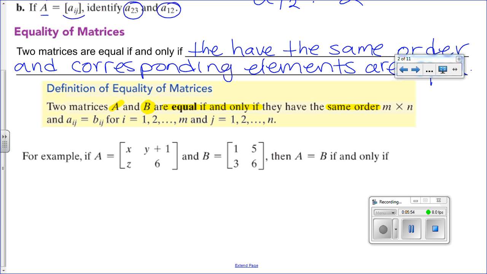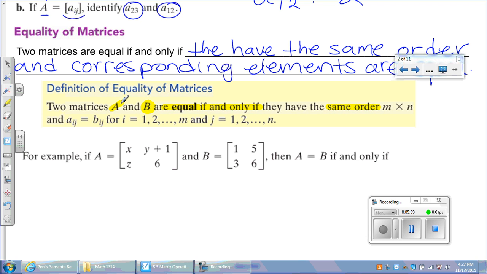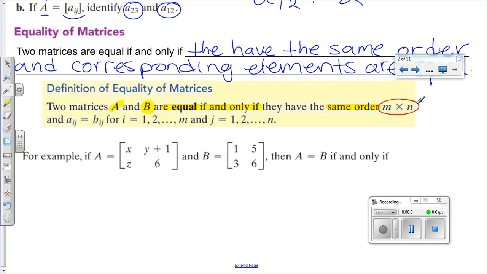So let's say the dimensions of these two matrices are m times n, and they both have the same. And also, every single element in matrix A is equal to every single element in matrix B that has the same corresponding row and column.